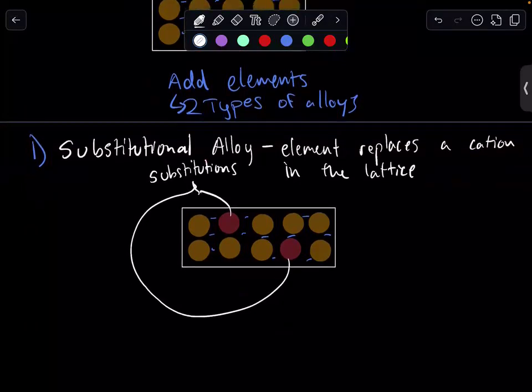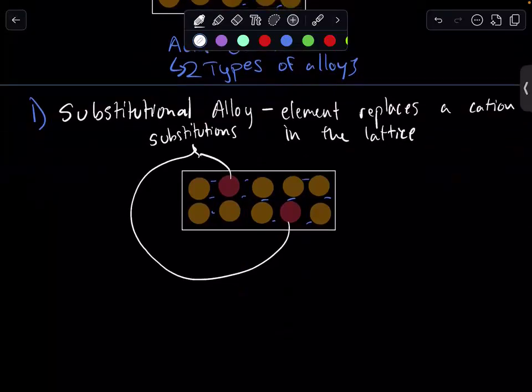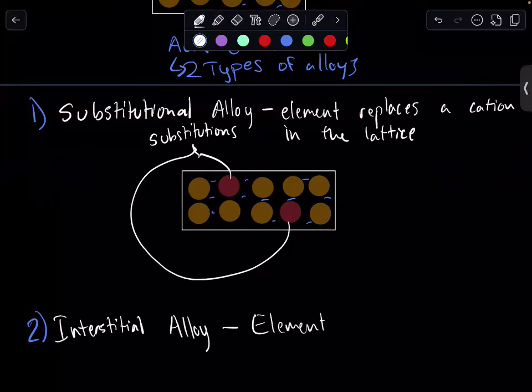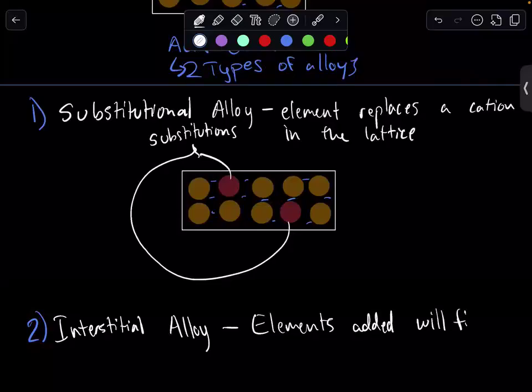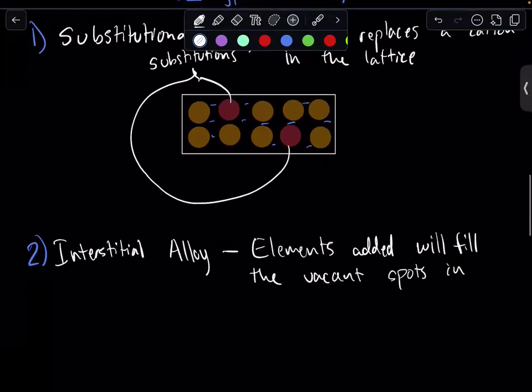Now, there is a different type of alloy. So that's our second type, type 2. And this is called an interstitial alloy. And with an interstitial alloy, elements added will fill the vacant spots in the lattice, kind of messing with where the electrons go.